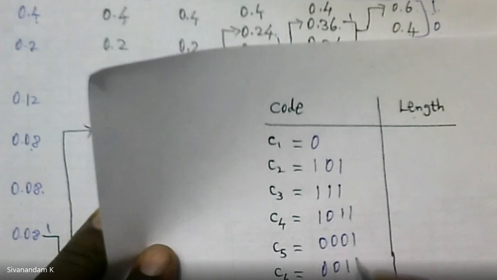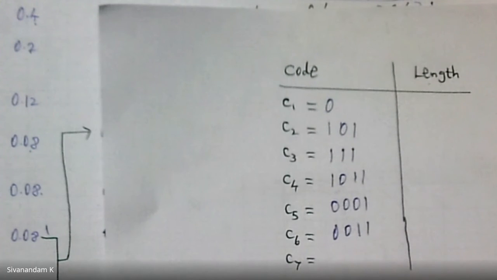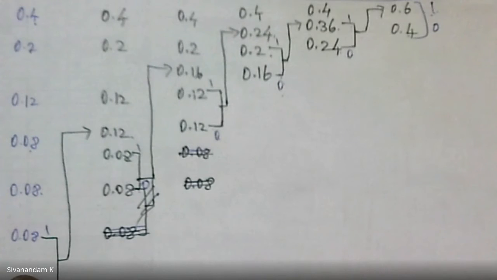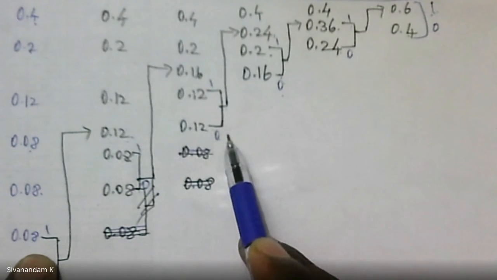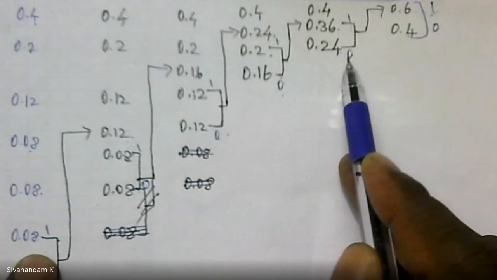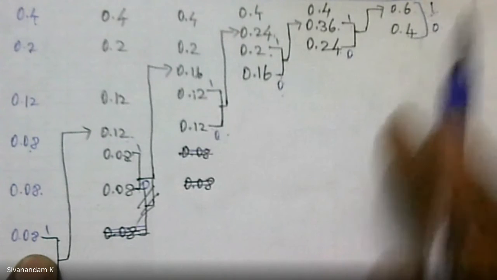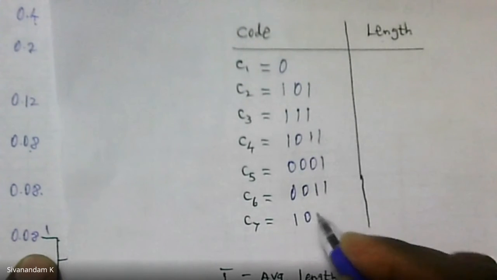Then finally message X7, initial stage, carries binary value 1, next step no assignment, next 0, then again 0, then finally 1. So 1, 0, 0, 1, 1, 0, 0, 1.